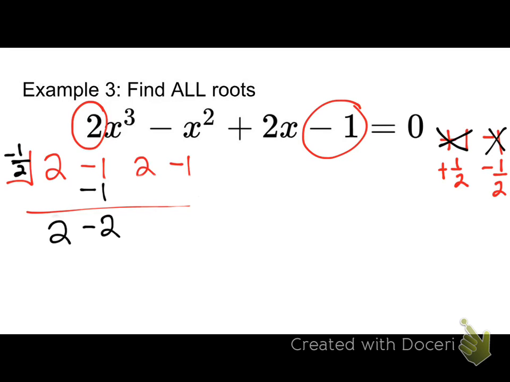Don't make silly mistakes on these problems. -1/2 times -2. 2 plus 1. 3 times -1/2. That would be a -1.5. If we add those together, what do we get? Negative 2.5. Either way, it's not 0. So does negative 1/2 work? No.